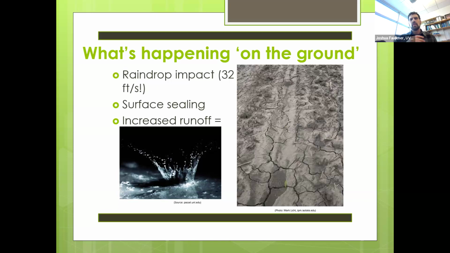And when you have surface sealing, I'm sure many of you, whether you realized it or not at the time, have probably witnessed this. Often in the middle of the summer, when it's very dry and your garden's suffering and you need rain, you get a ferocious downpour and you think, oh, thank goodness.